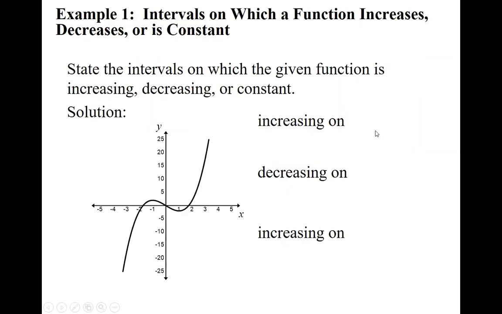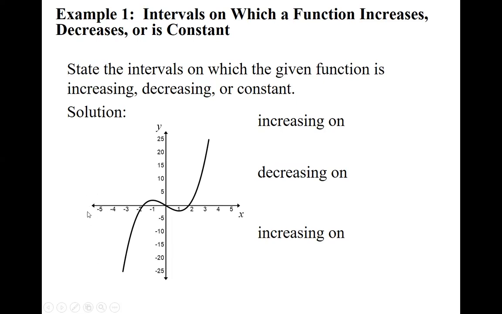So here is a graph, and we want to state the intervals on which it is increasing, decreasing, or constant. So for increasing, where is it going up from left to right? Let's start at negative infinity.